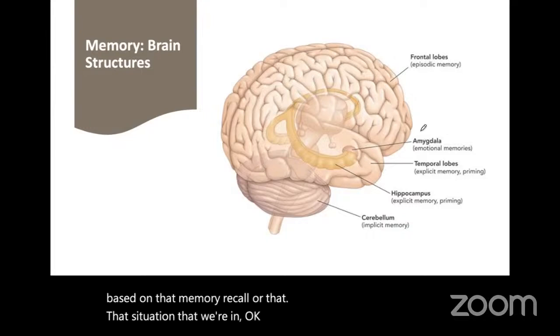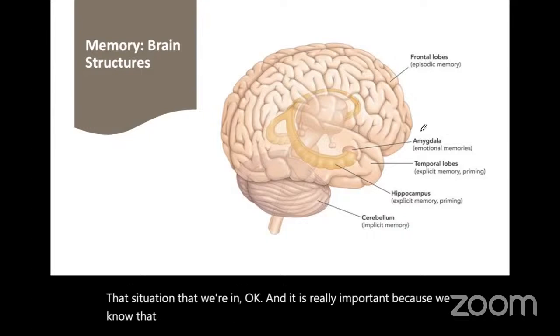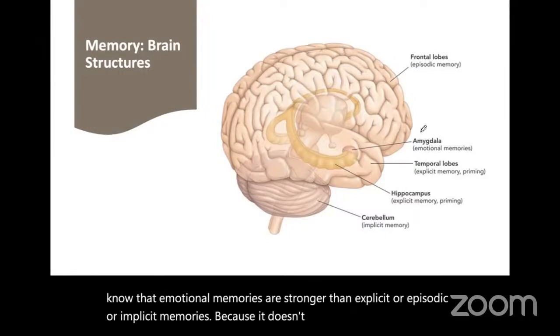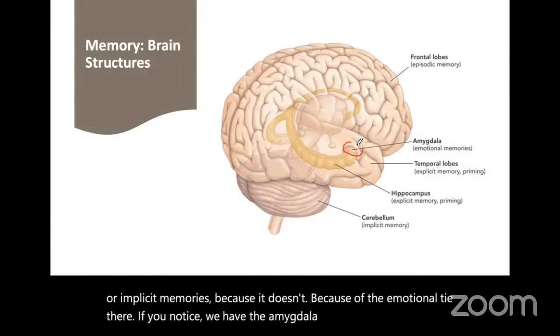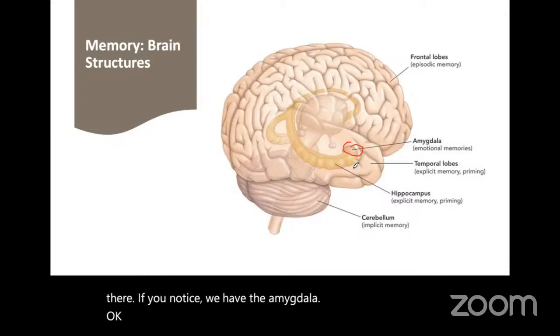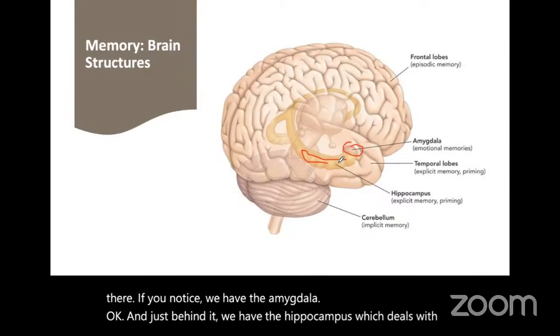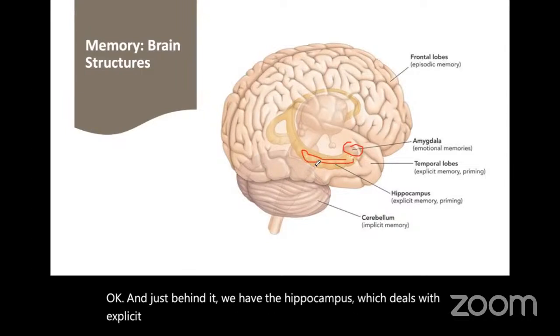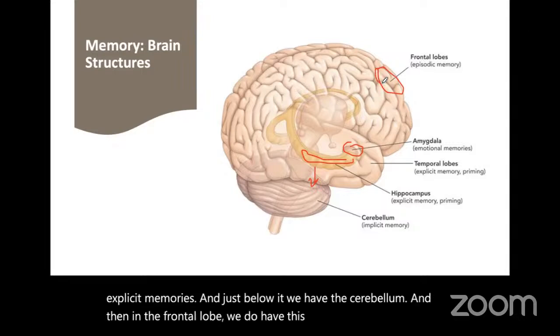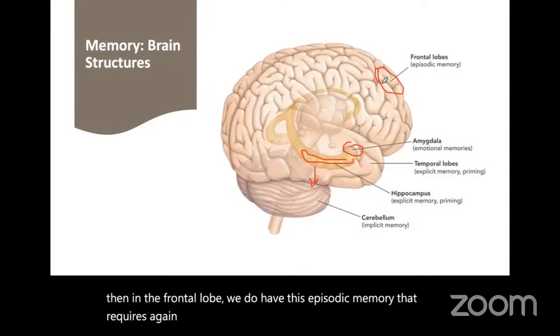And it is really important because we know that emotional memories are stronger than explicit, episodic, or implicit memories, because of the emotional tie. If you notice, we have the amygdala, okay? And just behind it, we have the hippocampus, which deals with explicit memories. And just below it, we have the cerebellum. And then in the frontal lobe, we do have episodic memory that requires, again, conscious understanding.